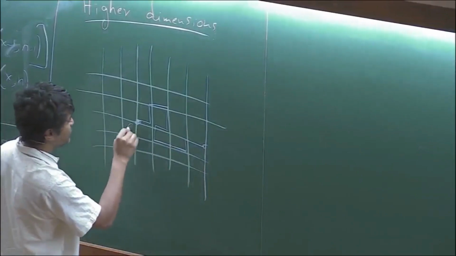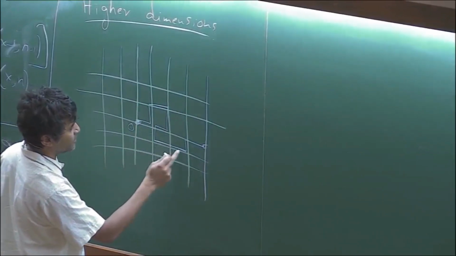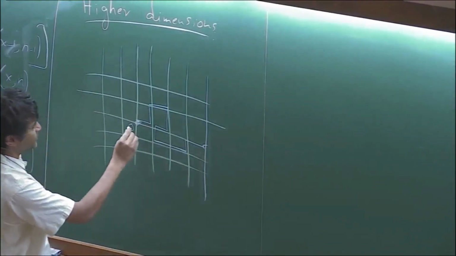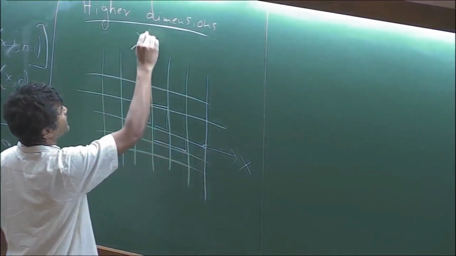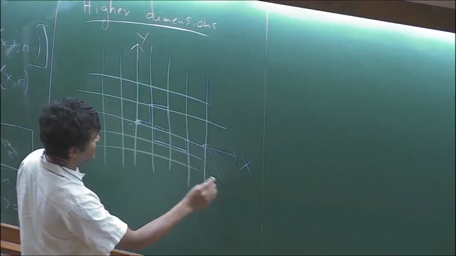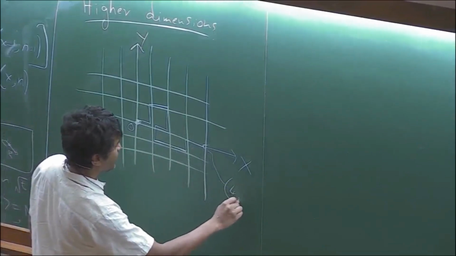Okay, so this is the origin, and after taking 1, 2, 3, 4, 5, 6, 7, 8, 9, 10 steps, it reaches some place. So this we call the x-axis, and this is the y-axis. So after 10 steps, it's reached 1, 2, 3, 4. So x is 4 and y is 0.